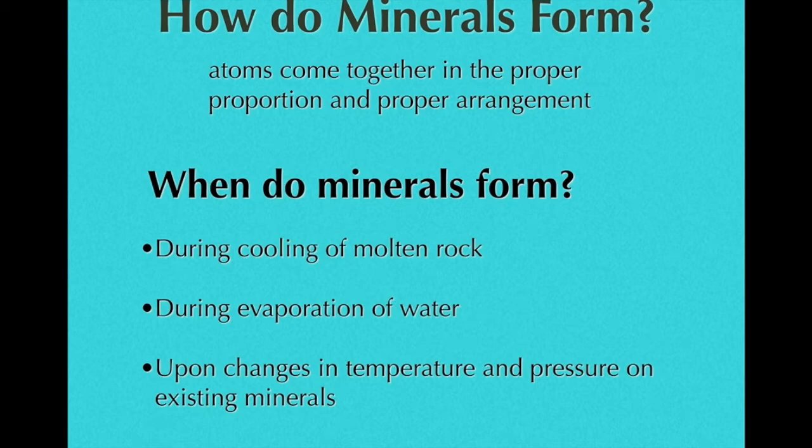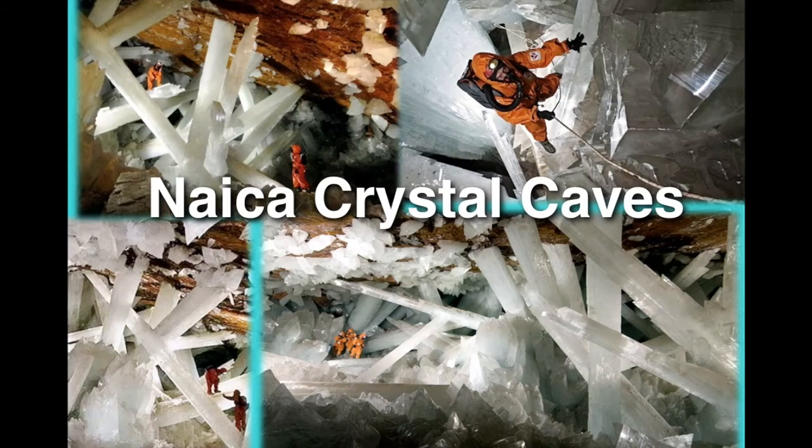So just like we talked about with graphite and diamonds, where you had a change in pressure and temperature and reorganizing the crystalline structure of graphite can make it become diamonds.